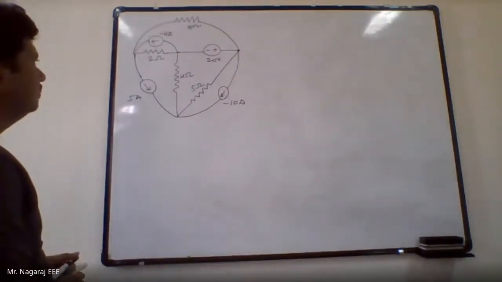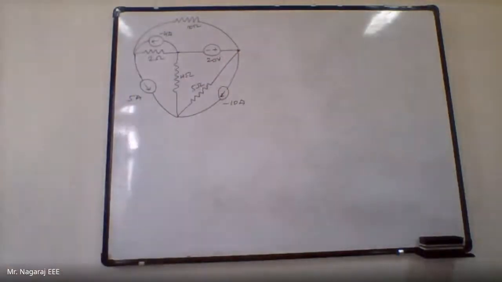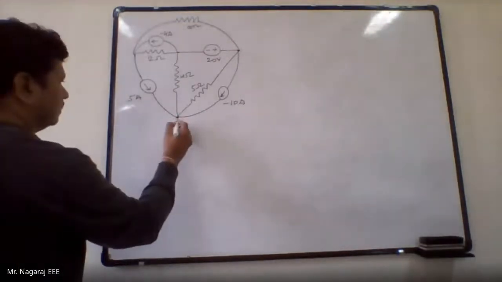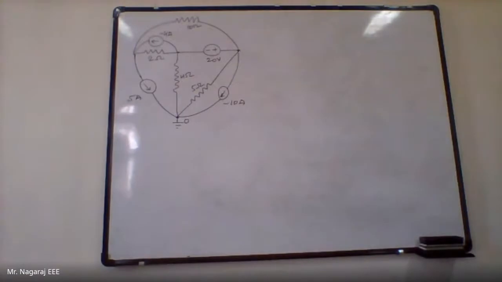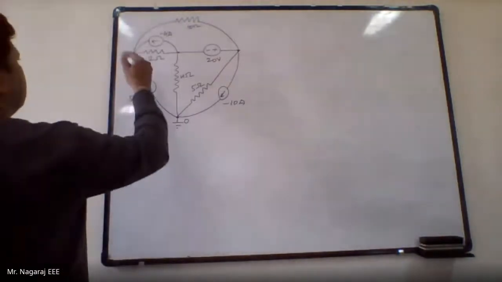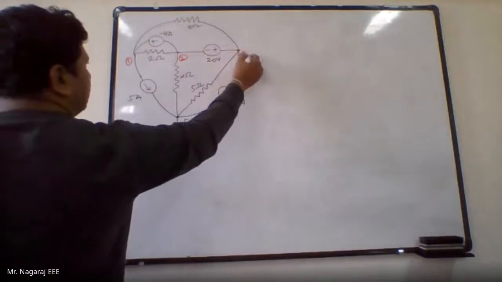Now I have 1, 2, 3, 4 nodes. One node I have to define as the reference node. I will take this as reference node, because most of the branches are connected to this reference node. Then I will take this as node 1, this as node 2, and this as node 3.